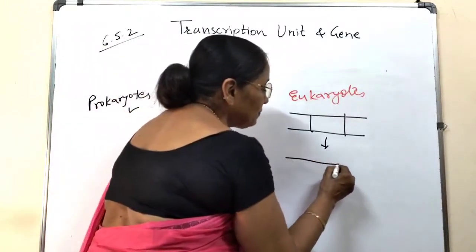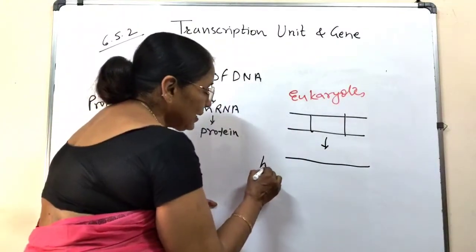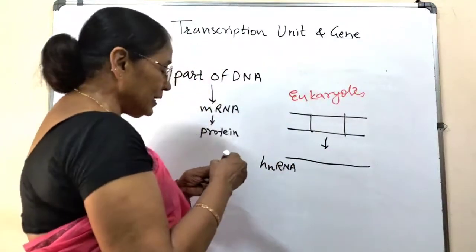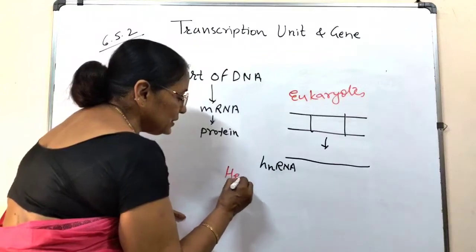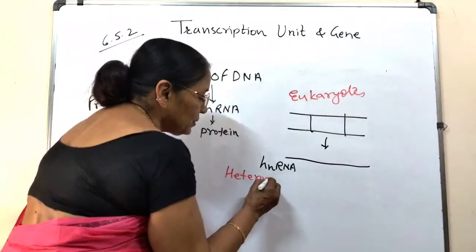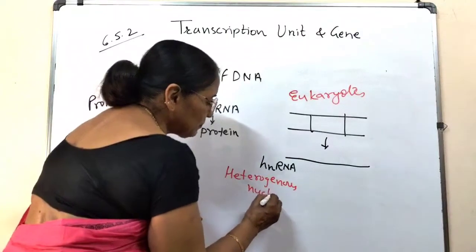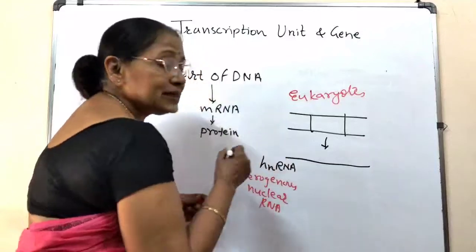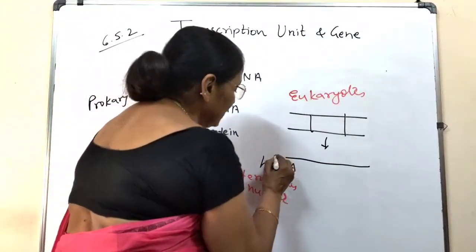This one will form the precursor of mRNA called hnRNA. What is hnRNA? H for heterogeneous, N for nuclear, it is heterogeneous nuclear RNA. So this heterogeneous nuclear RNA is not functional.